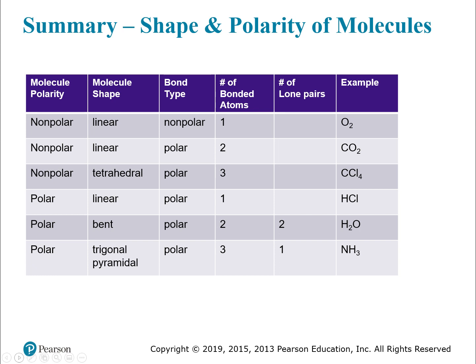When we're looking at a linear molecule, we're talking about something like oxygen. So that's O2. It's got some lone pairs as well. We're not really concerned about those. The type of bond is nonpolar. The way you figure that out is by looking at the electronegativity differences.